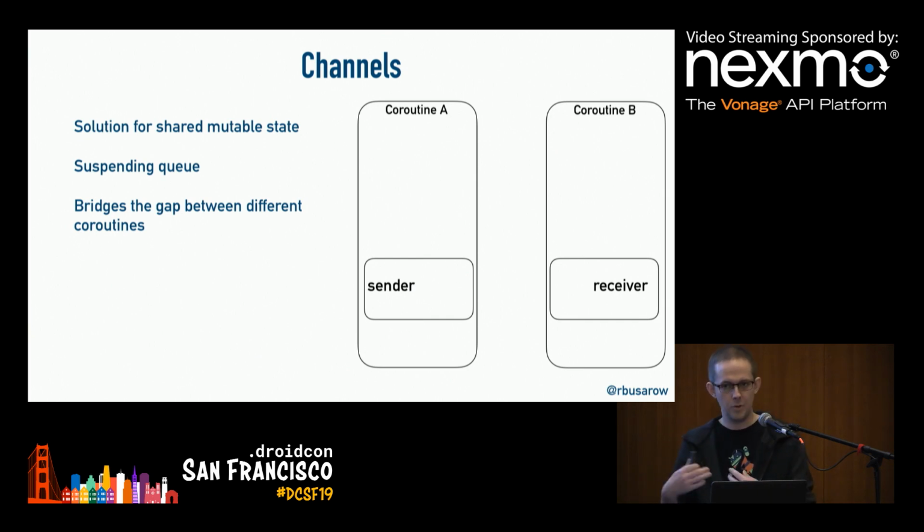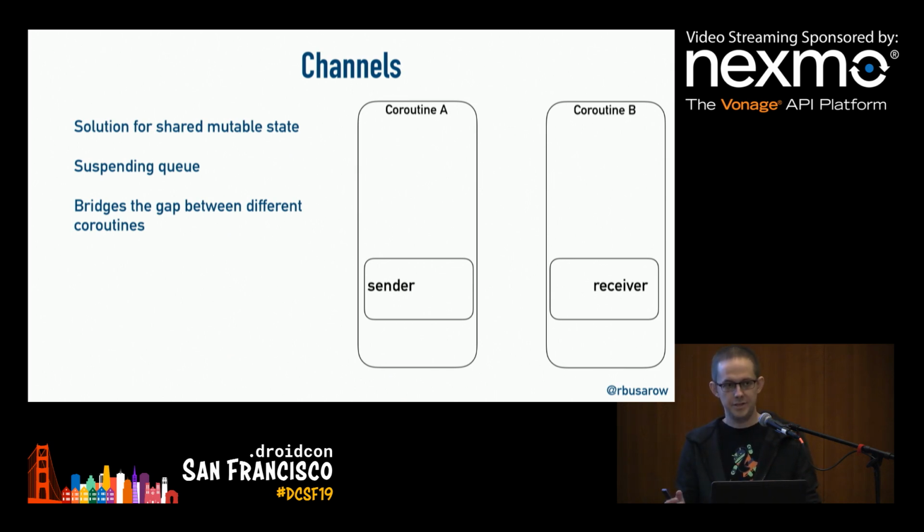And we have other ways of doing this. We can deal with it using thread confinement, putting everything on the main thread like the UI does and like LiveData does. We can use atomic wrappers or mutexes, or we can use a channel, which is conceptually the same thing as a blocking queue, except that we're not blocking, we're suspending, but it's the same thing.